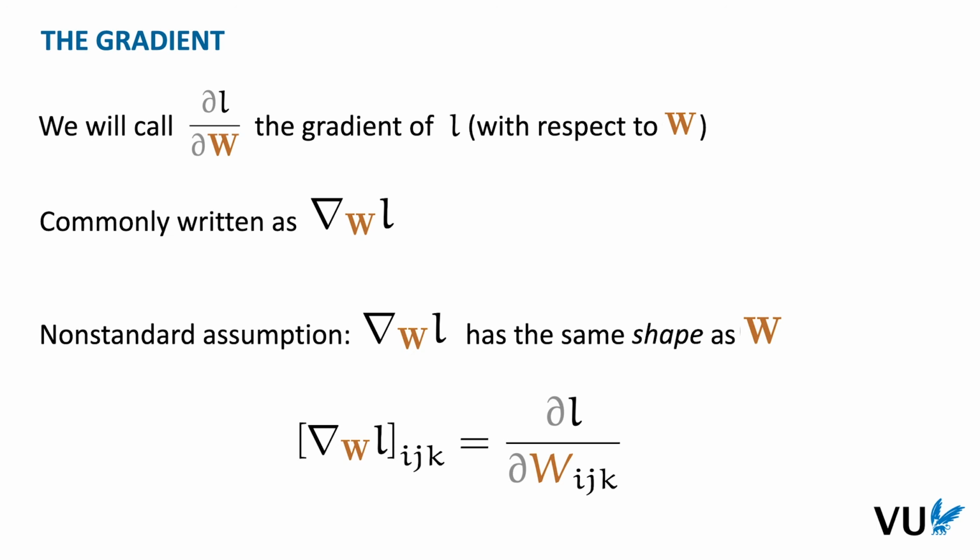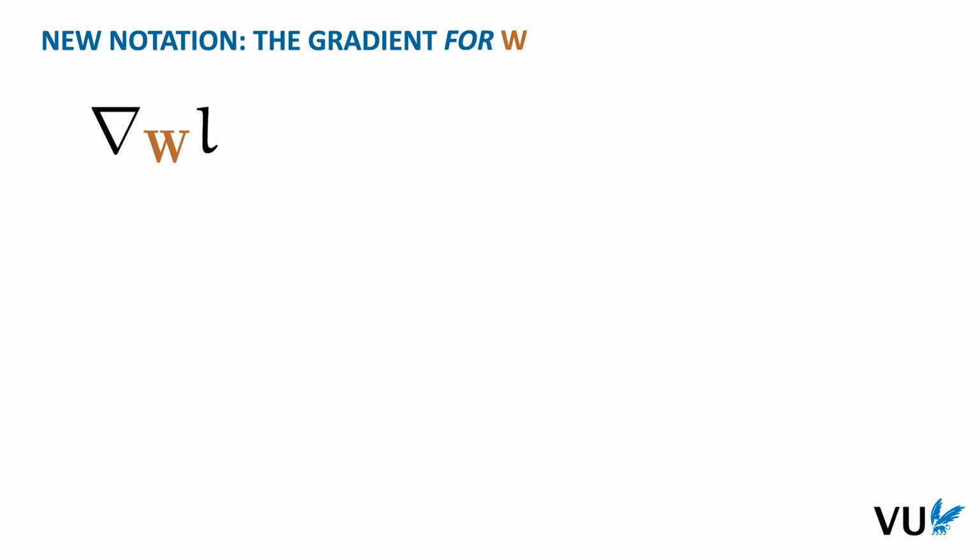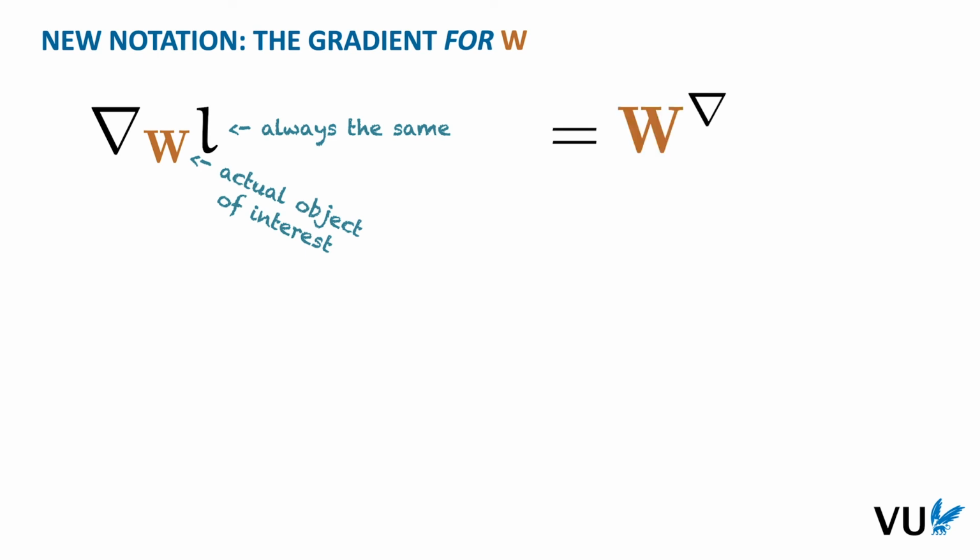Now, given all these assumptions, the standard notation is a little bit cumbersome for us, so we'll introduce some new notation. The reason is that in the standard notation, the thing that takes pride of place, L, is always the same. We know it's always L, it never changes. And the thing that we're actually interested in, which is what we're taking the derivative for, is W, and that's relegated to the subscript. So that doesn't really work for us, so purely for these lectures we introduce the following notation.